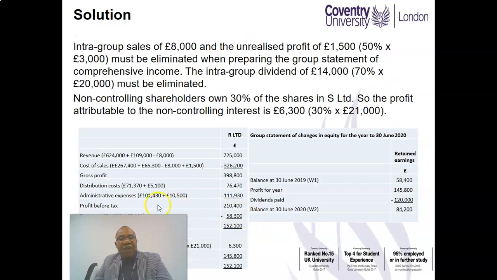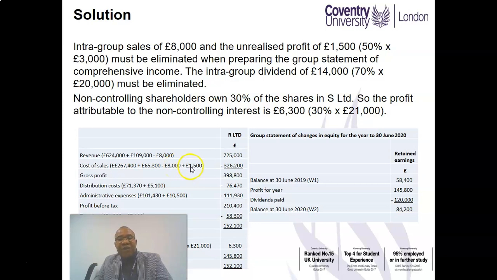So you see that we have actually added the items together line by line, less the 8,000 sales, and in the cost of sales, again we deducted the 8,000 there, which is the sales value. The same amount, and I repeat, the same amount is deducted from revenue as well as cost of sales.